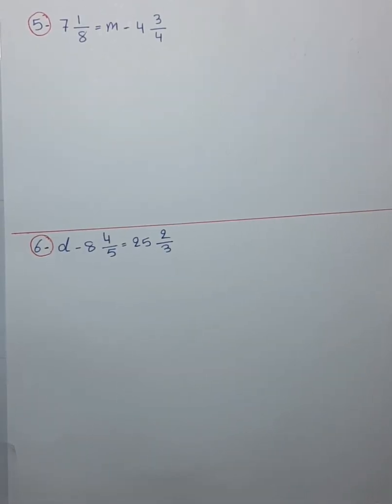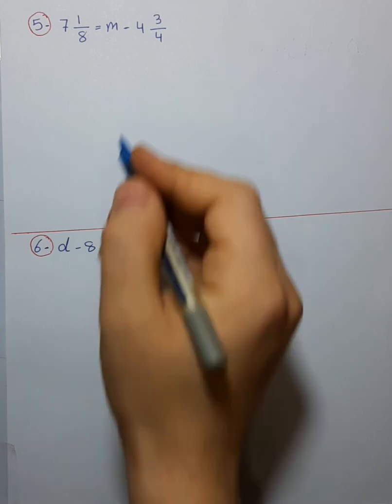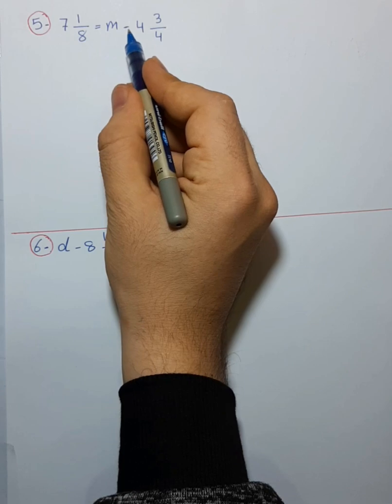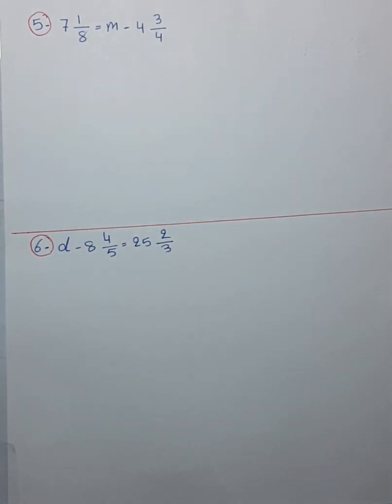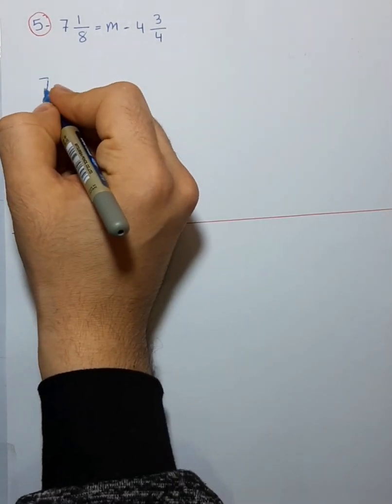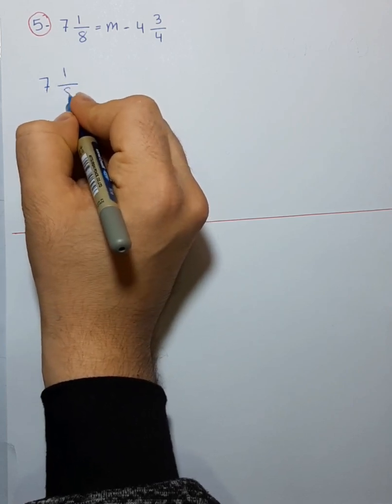Example number 5, we have 7 and 1 out of 8 equal to m minus 4 and 3 out of 4. We have to take the inverse of negative 4 and 3 out of 4. So we have to write 7 and 1 out of 8.